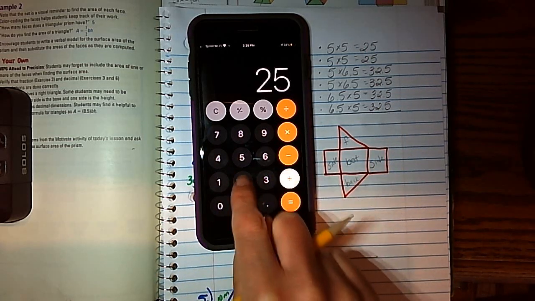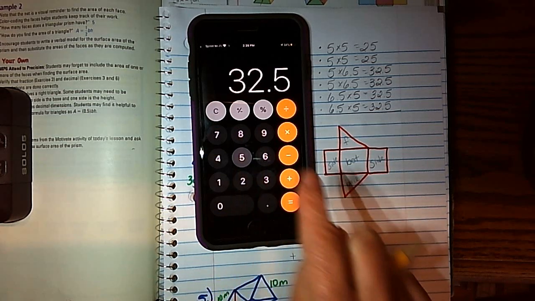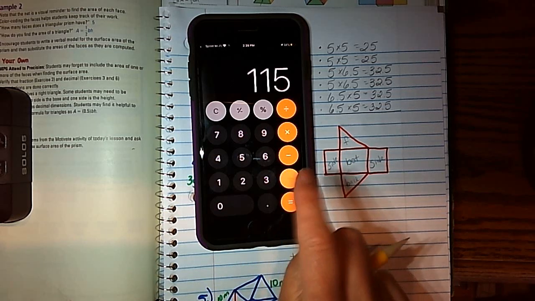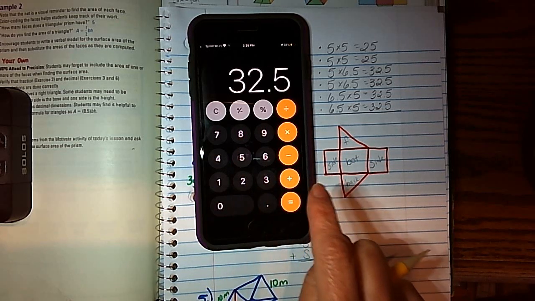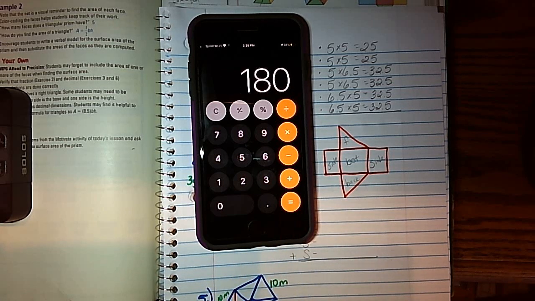25 plus 25 plus 32.5 plus 32.5 plus 32.5 plus 32.5. And what do we get? 180.